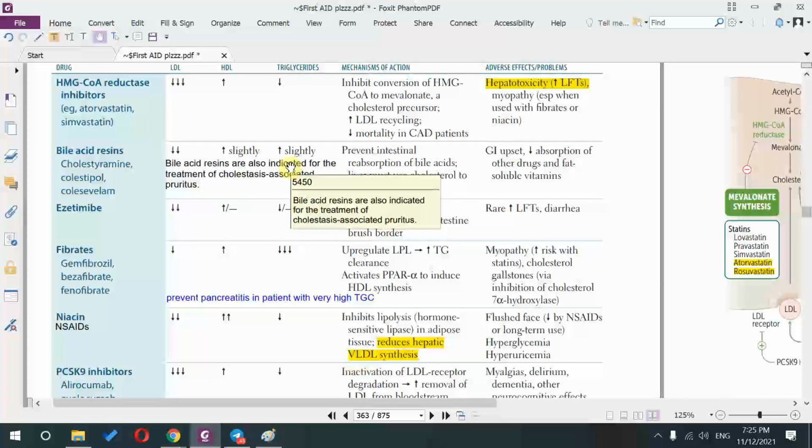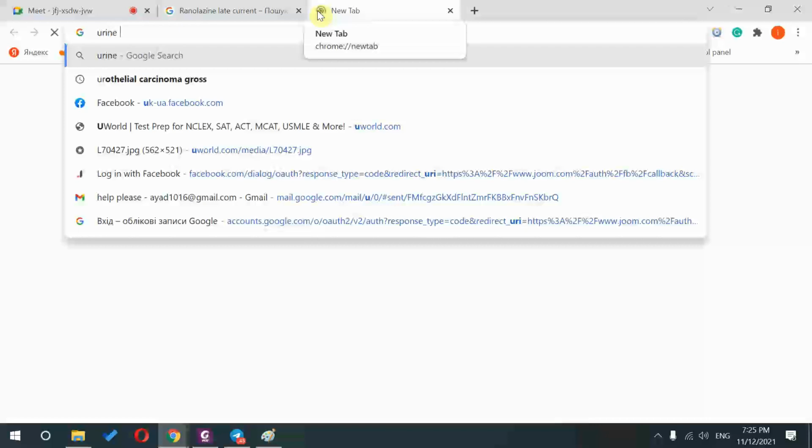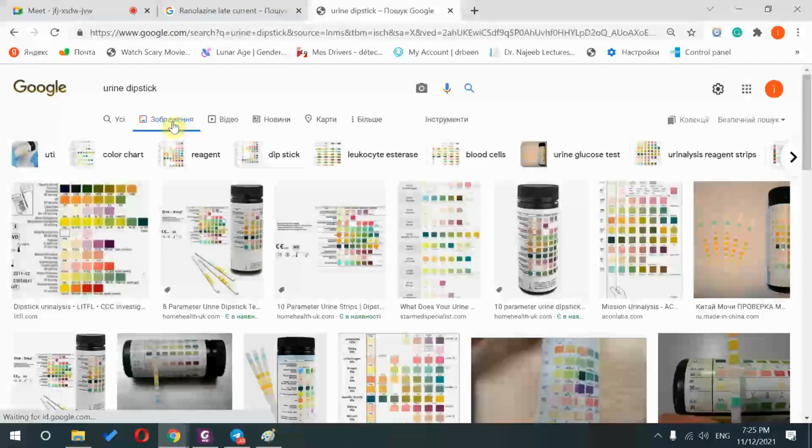Exactly, yes. The specific gravity of the urine in case of rhabdomyolysis will be significantly higher. And what makes it interesting, if you do the urine dipstick on this patient, you will see that it's positive, okay?